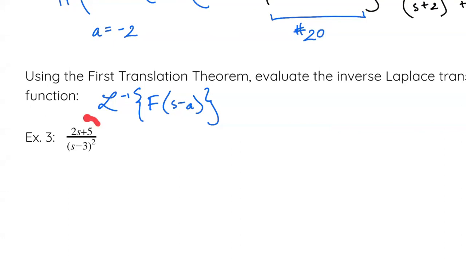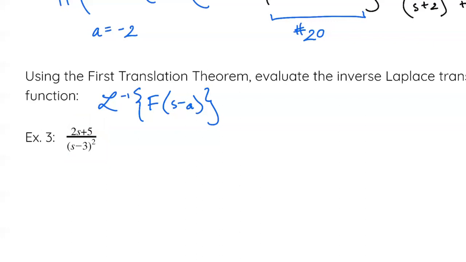I look at the numerator and I don't really see an s minus a, but when I look at the denominator, I have an s minus 3. That's a good clue that I'm shifting by 3, or that my second step in the other problems we just saw move things to the right 3, okay?